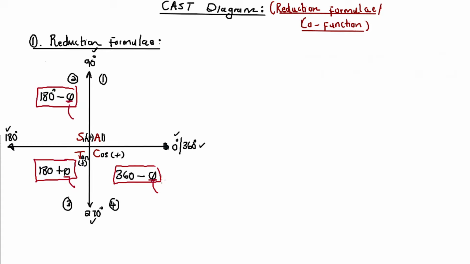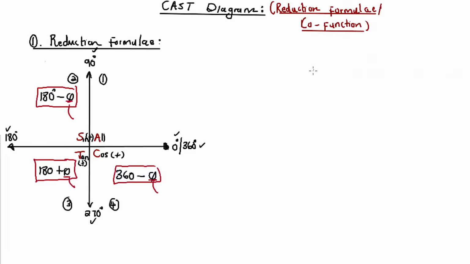That's not always going to be the case, but for most of the problems we'll be solving, whether in an exam or a test, you're going to reduce your reflex angles as well as your obtuse angles back to special angles.